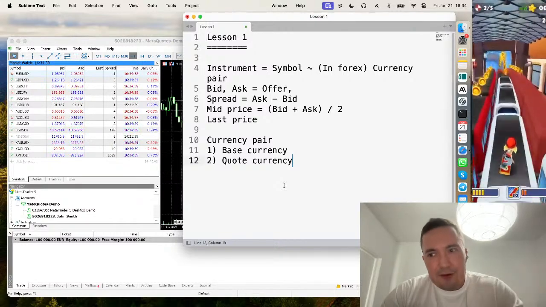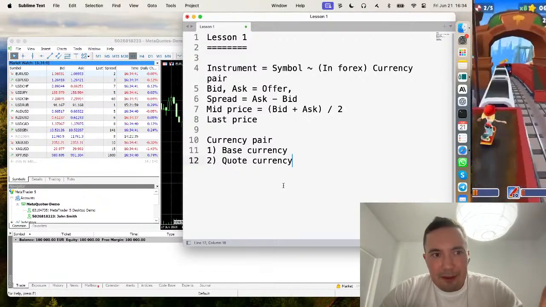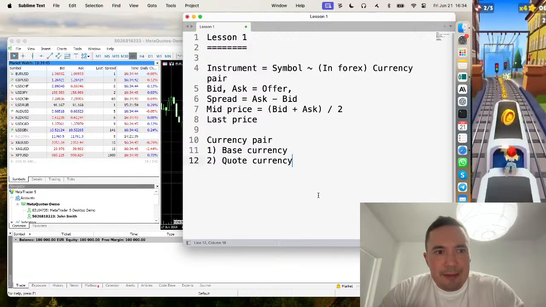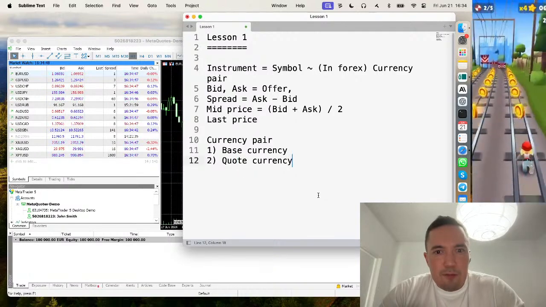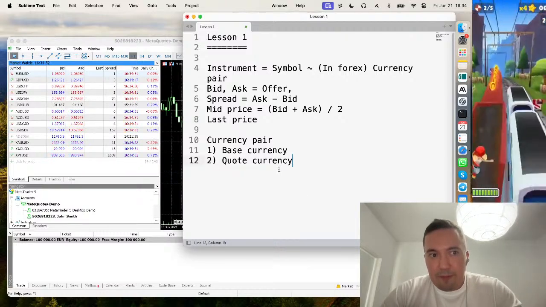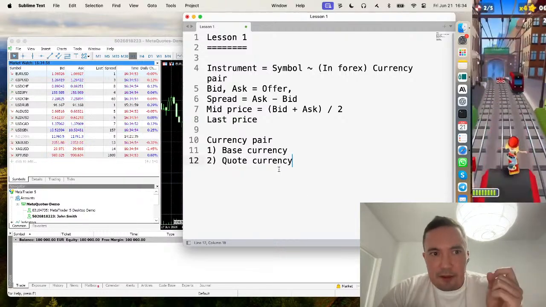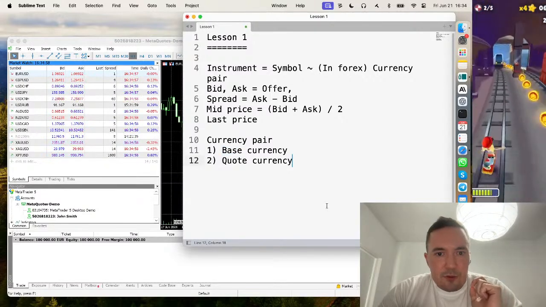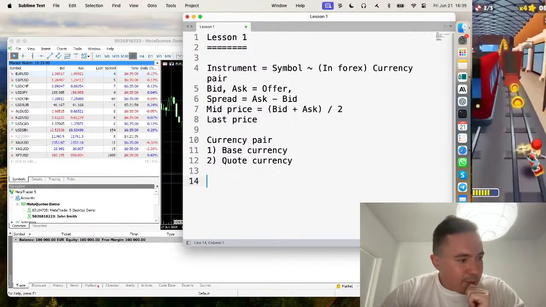Just know that these currencies are called differently: base currency, quote currency, and be careful about them. So the order matters only because you buy one of them and the price is expressed in the other one. So these are important things to keep in mind.